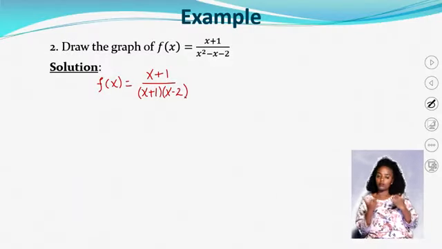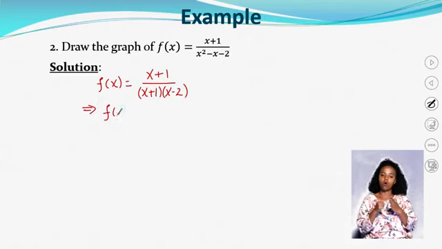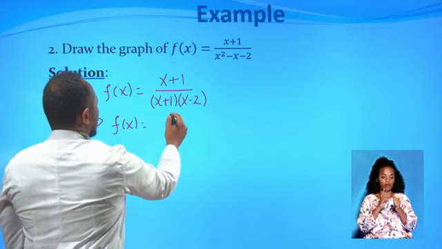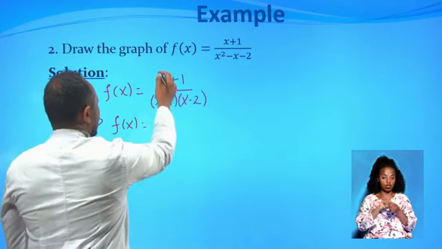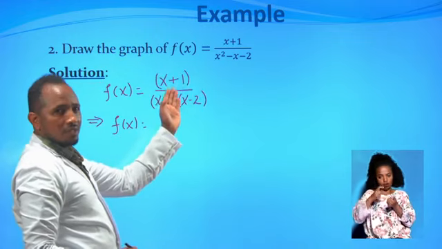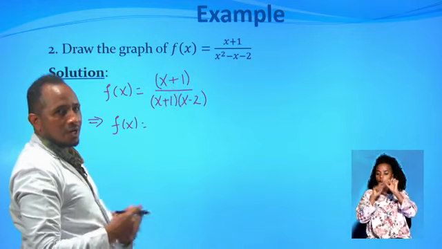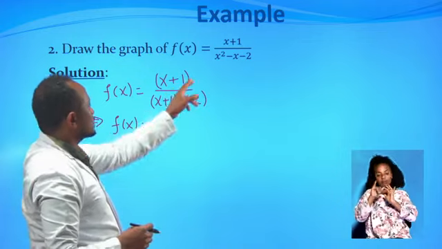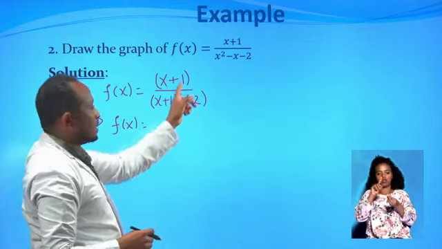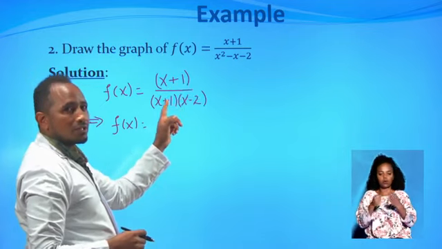Now, let's simplify this one. Our f of x will be equal to, this cancels, so you have 1 over x minus 2. When you cancel this, we have to check whether it has a hole or a vertical asymptote at this point. Since this cancels out x plus 1, we don't have x plus 1 again, so at x equals negative 1 there is a hole.